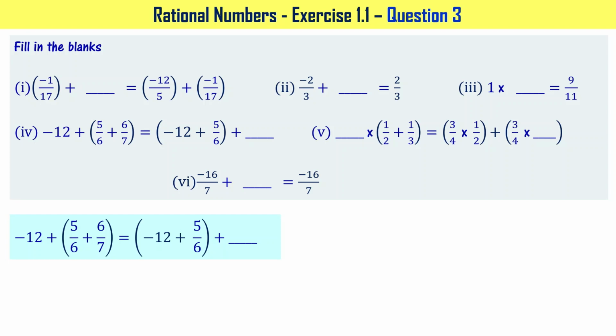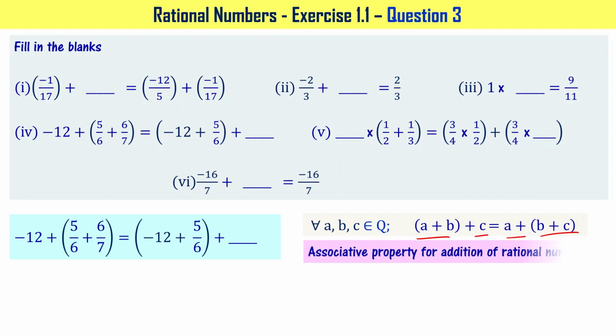That is minus 12 plus 5 by 6 plus 6 by 7 equal to minus 12 plus 5 by 6 plus dash. We know that for all a, b, c belong to Q, a plus b plus c can be written as a plus b plus c, with different grouping, right? This particular property is called associative property for addition of rational numbers, right?